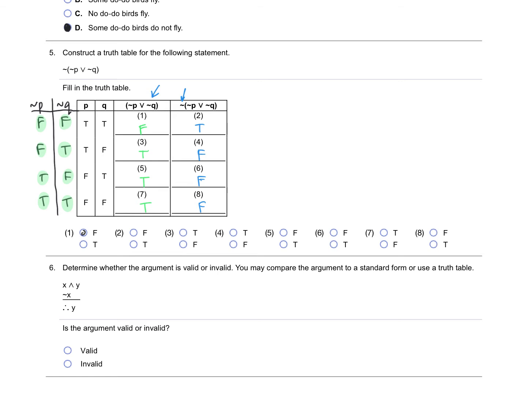So number 1, false. 2, true. 3, true. 4, false. 5 is true. 6 is false. 7 is true. And 8 is false.